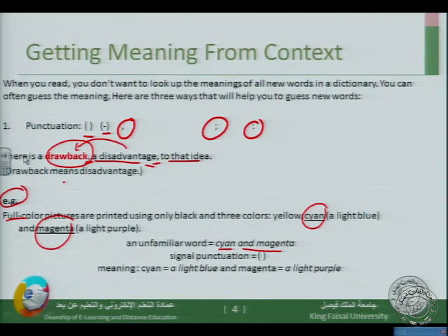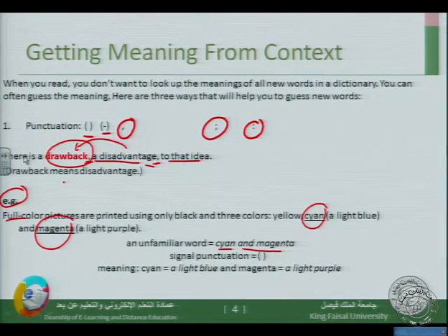Do we have any sign to know the meaning of cayenne and magenta? Is there a possibility to know the meaning of these two words without using the dictionary? I guess yes, we have one possibility.